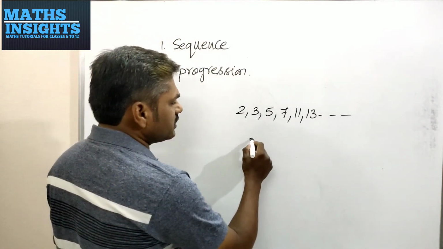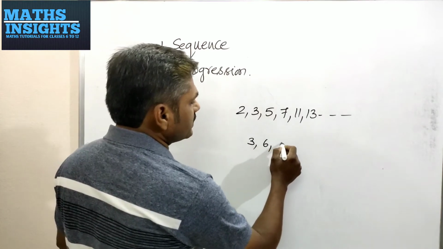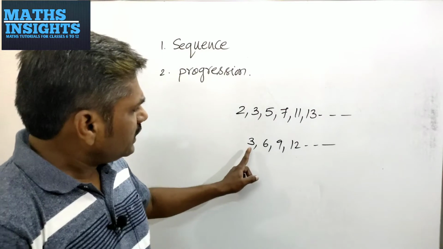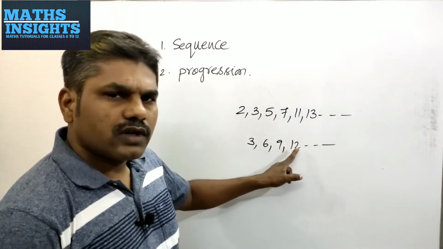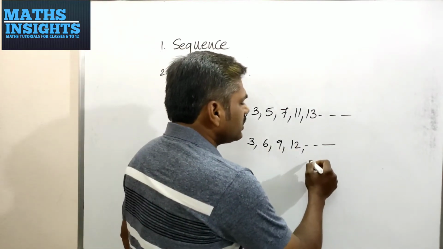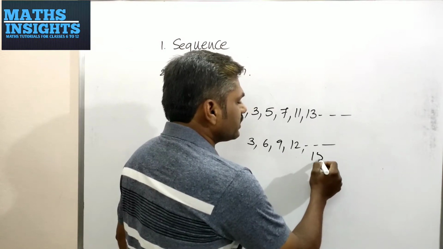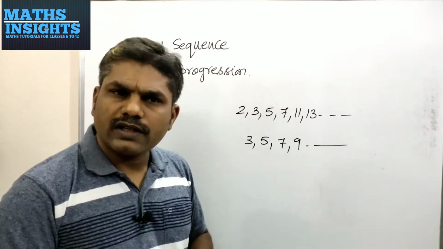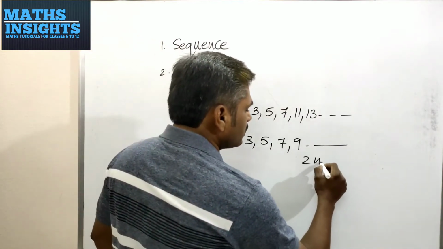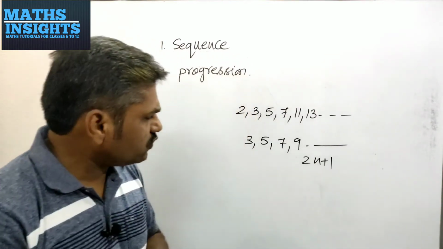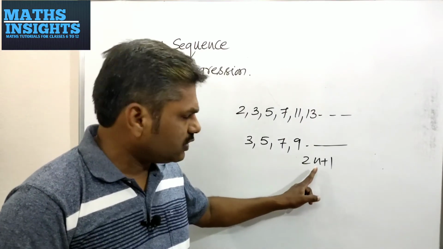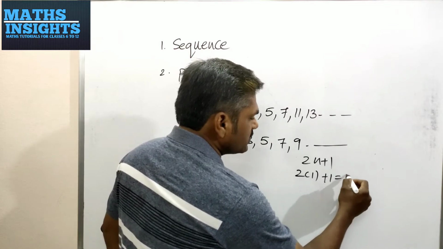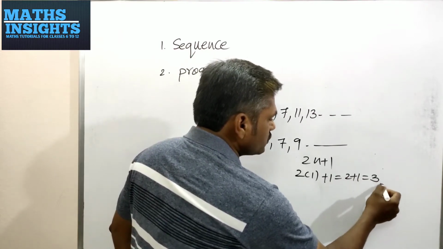But coming to this, 3, 5, 7, 9 and so on. Then you know the next term, that is 11. How is it obtained? You have a formula, that is 2n plus 1. If you put n equals 1, then you will get the first term: 2 into 1 plus 1, that is 2 plus 1, equals 3.